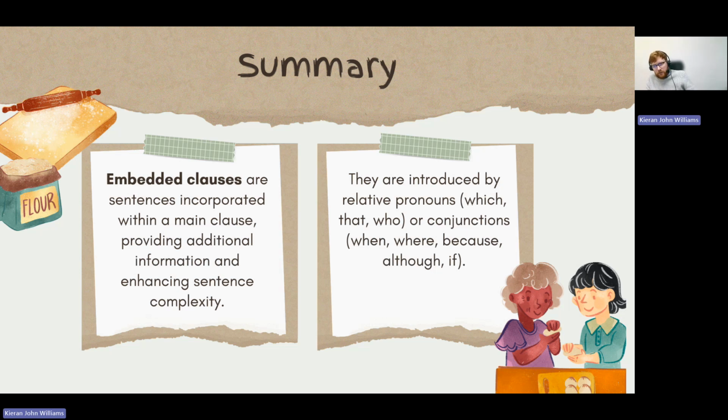To help you remember, embedded clauses are typically introduced by relative pronouns such as which, that, and who, or by conjunctions like when, where, because, although, and if. Recognizing these words will help you spot embedded clauses quickly and also use them correctly in your own writing, which leads us nicely onto the last slide.